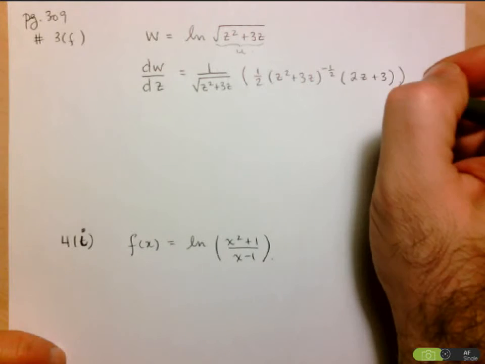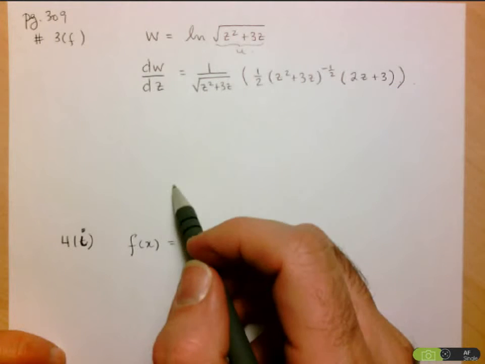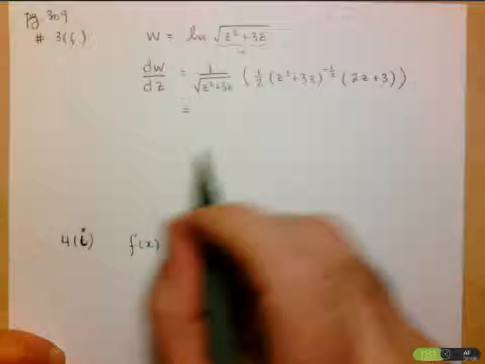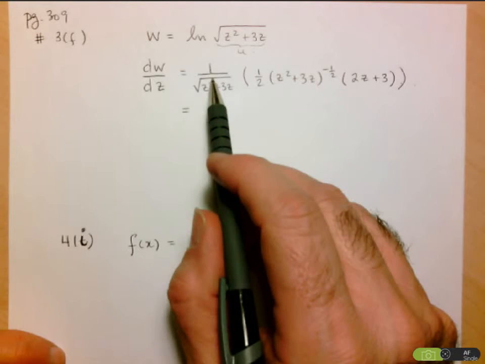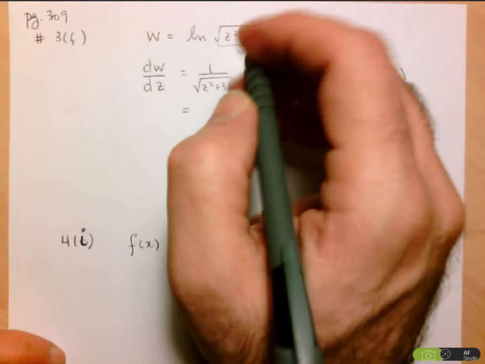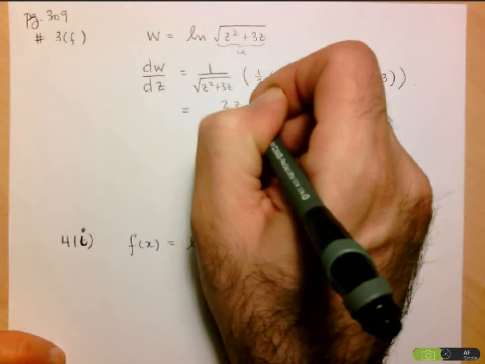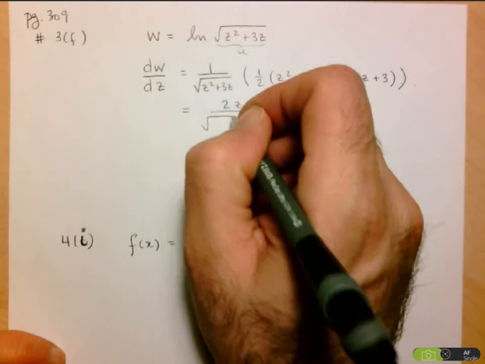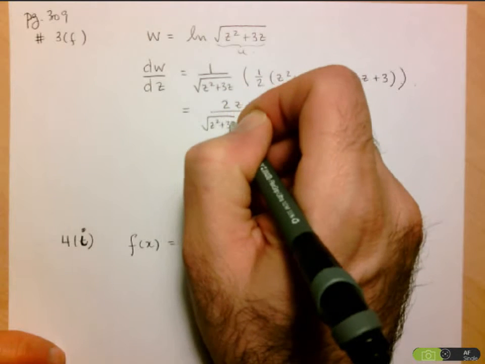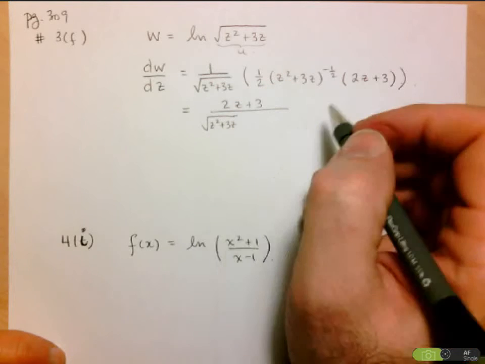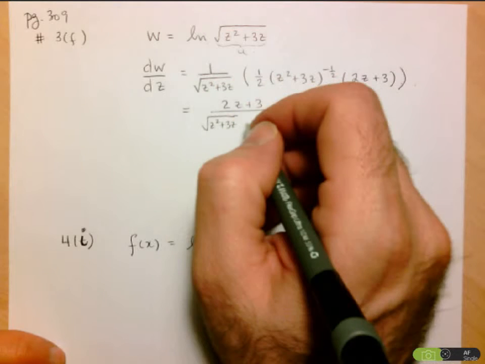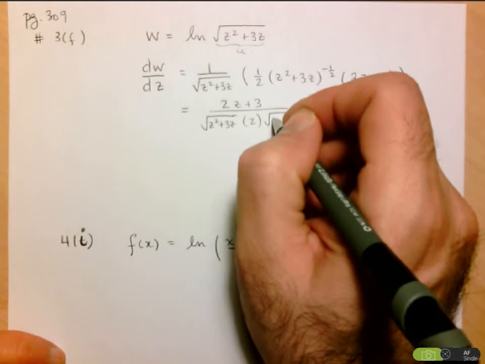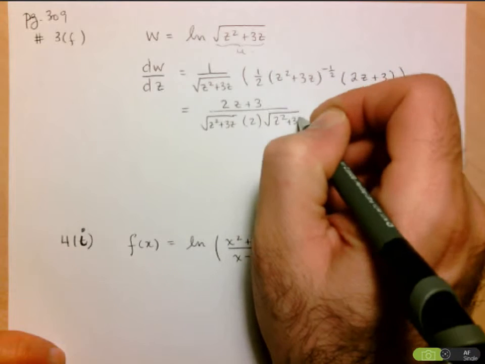Let's go ahead and simplify this so we get some practice doing that. Let's see what we have left in the numerator. The only thing left in the numerator is the 2z plus 3. In the denominator we have the square root of z squared plus 3z, we have our 2, and here we have another square root of z squared plus 3z.